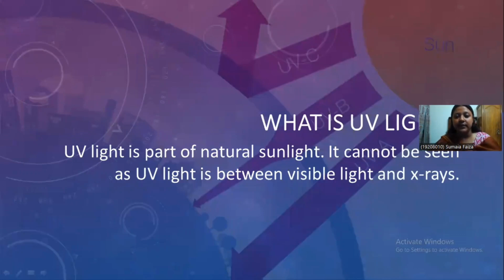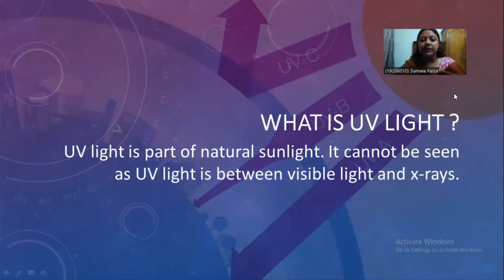So what is UV light? UV light is a part of natural sunlight, and it lies between visible light and X-ray. Ultraviolet light has been widely recognized for its germicidal properties and its ability to effectively eliminate harmful bacteria. UV light falls within the electromagnetic spectrum with wavelengths ranging from 100 to 400 nanometers.